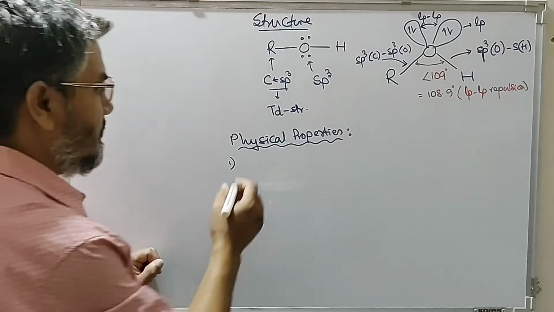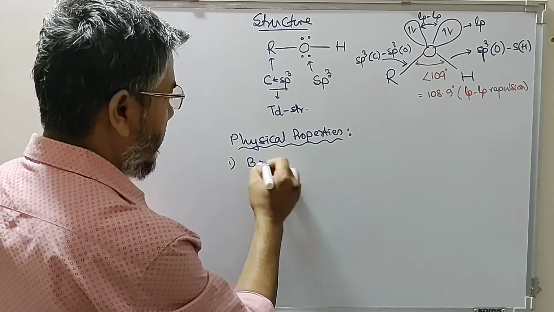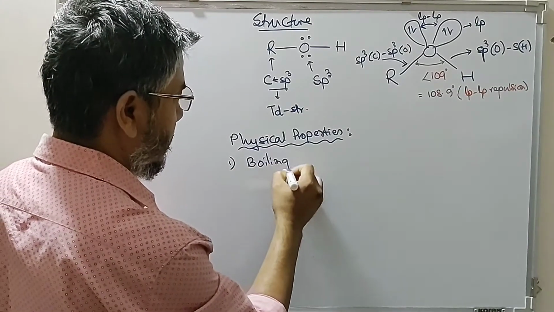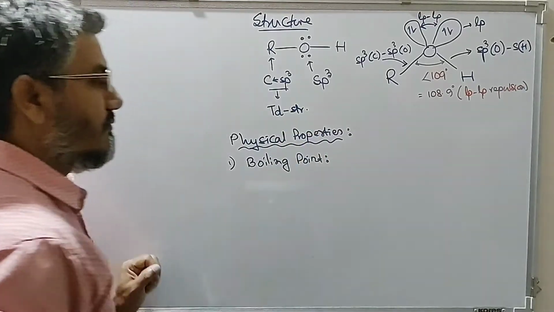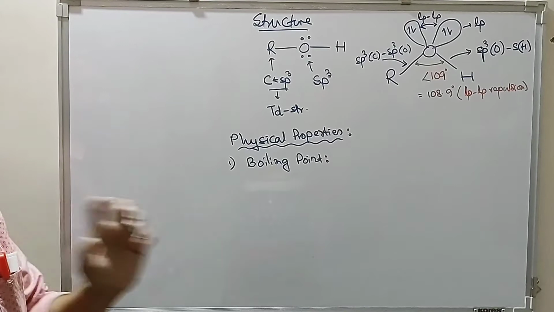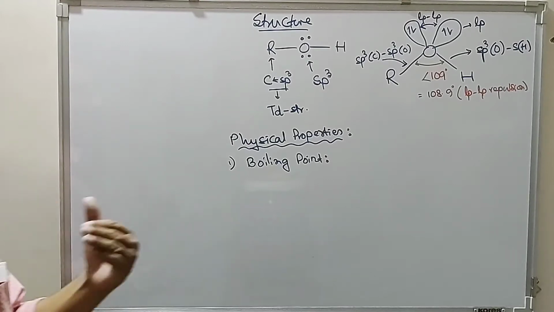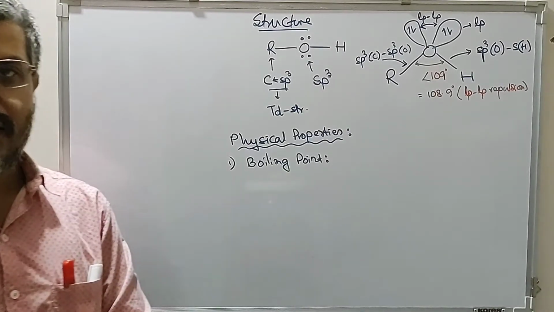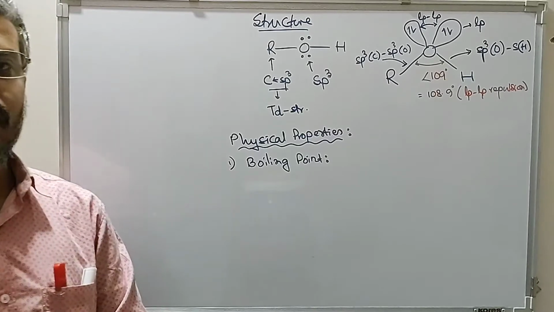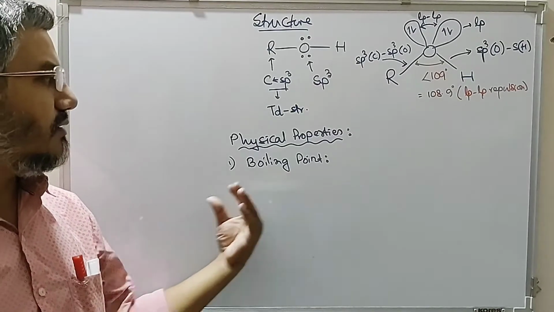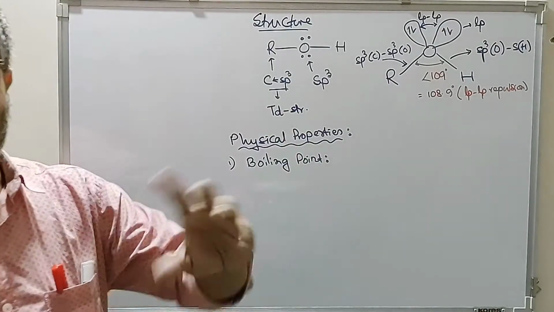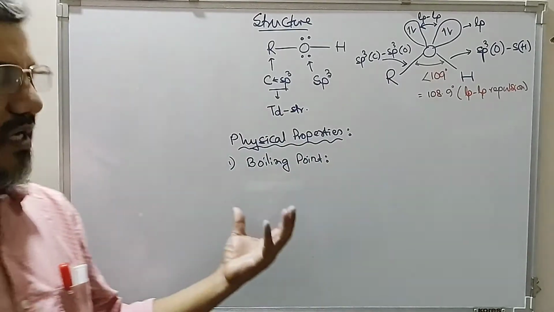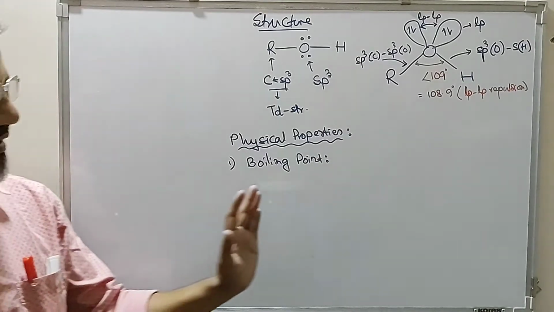So first take up that is boiling point. Now, the boiling point of these compounds called alcohols are generally high when we compare with other compounds like haloalkanes or hydrocarbons with similar molecular mass. So I am again repeating them.